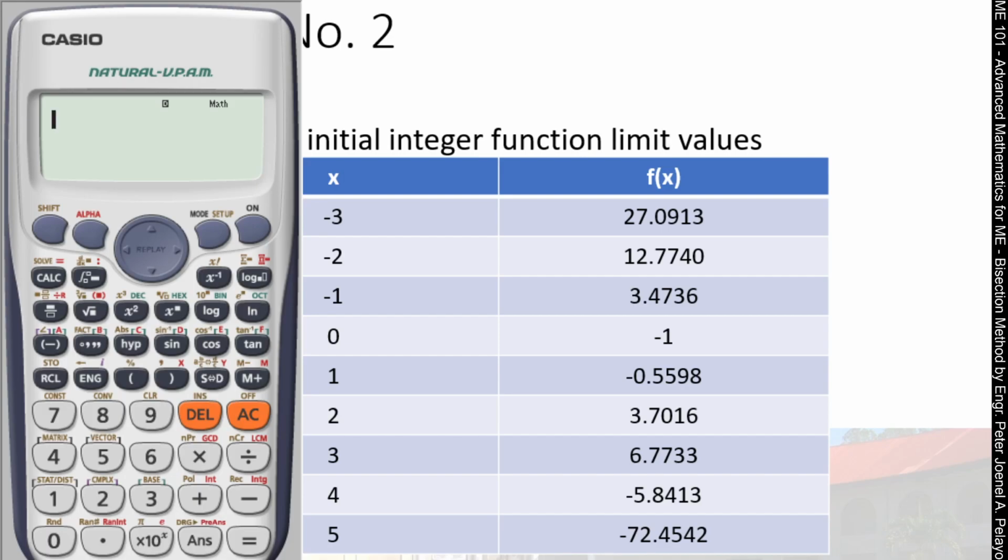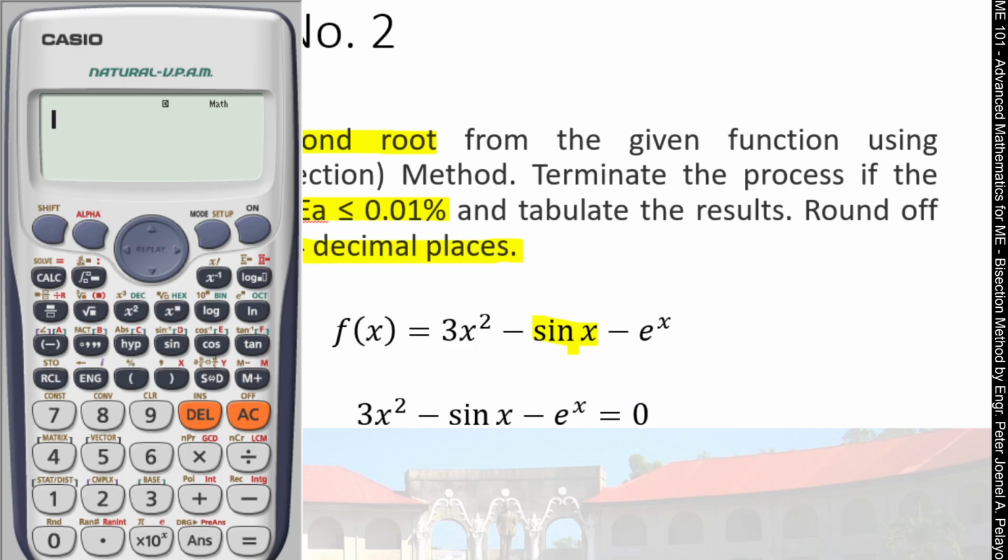May nilabas akong calculator. So, ang function natin is 3x squared minus sine x. So, ito, may tuturo. So, mode. Pag minode mo siya, table.